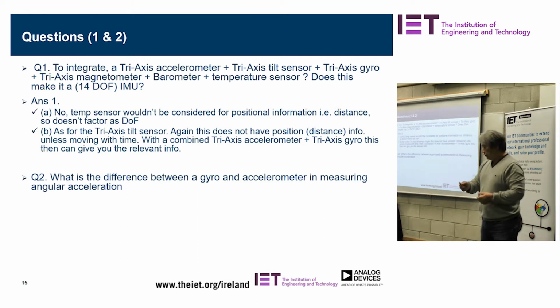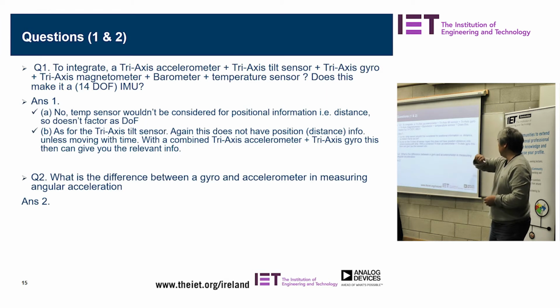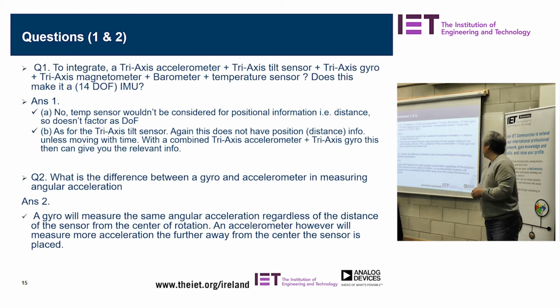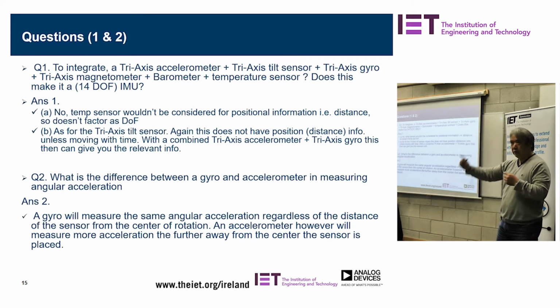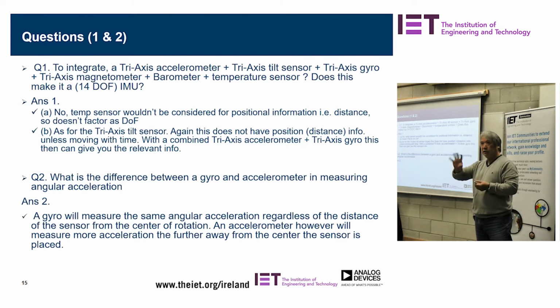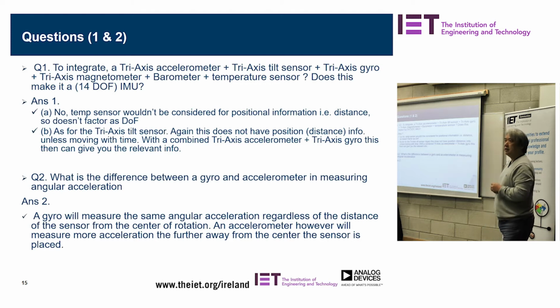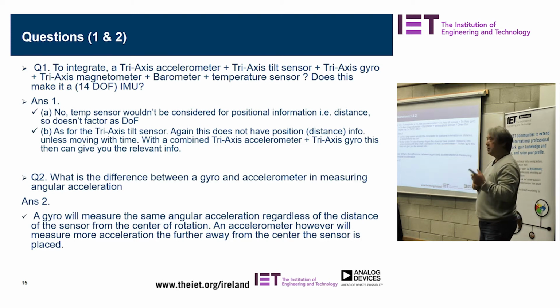Whereas for the accelerometer, the further the distance from the center of rotation, the better the displacement it gives you. So one depends on distance, one can stand still. The gyro can be pivoted and still rotate and give you the sensitivity, whereas the accelerometer has to have distance to give you more rotational sensitivity. Okay, that's where the uniqueness is.